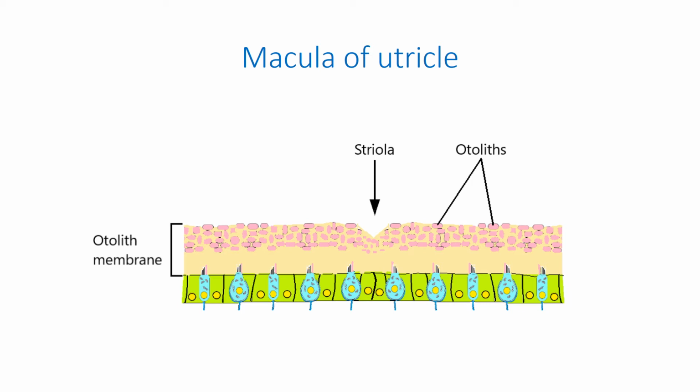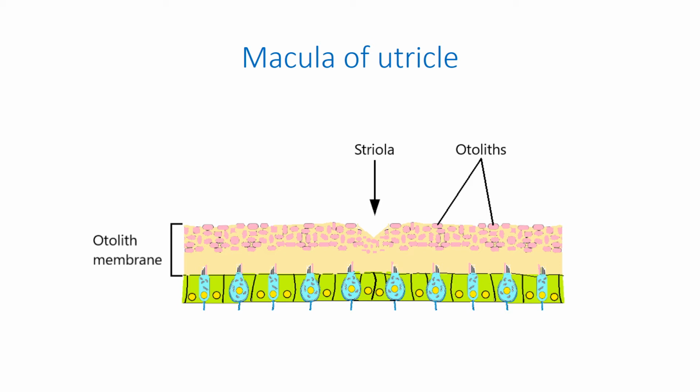The otolith membrane is covered with the so-called statoconia or otoliths. In Greek, otolith means ear stone. They are built of calcium carbonate crystals.